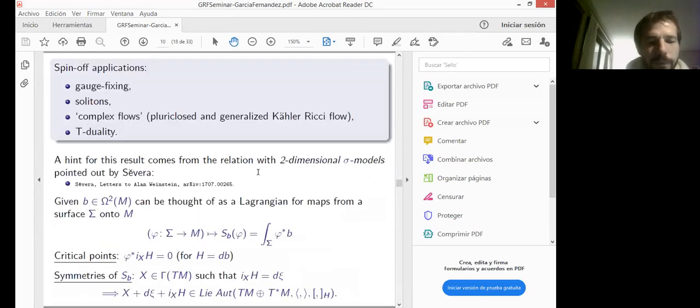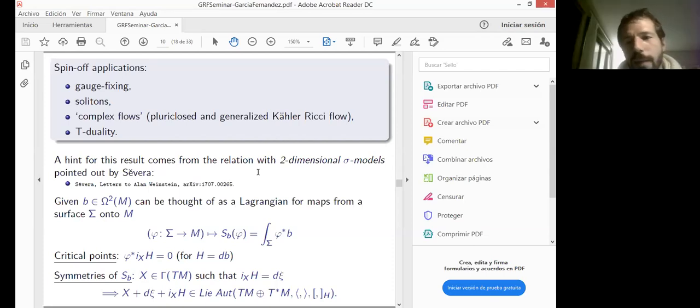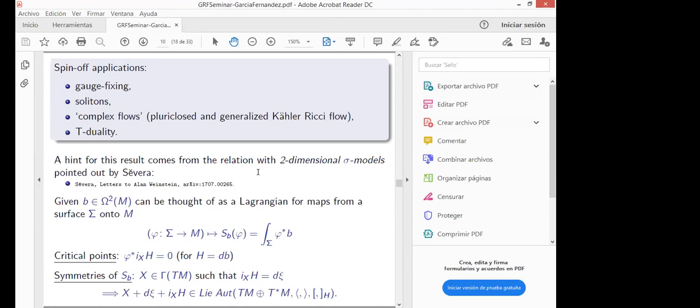I think you want the contraction of H with X to be xi, and then the pair X, xi is an element of the Lie algebra of the automorphism group.